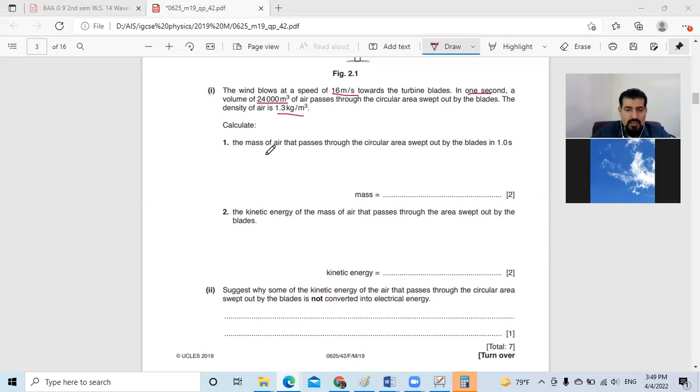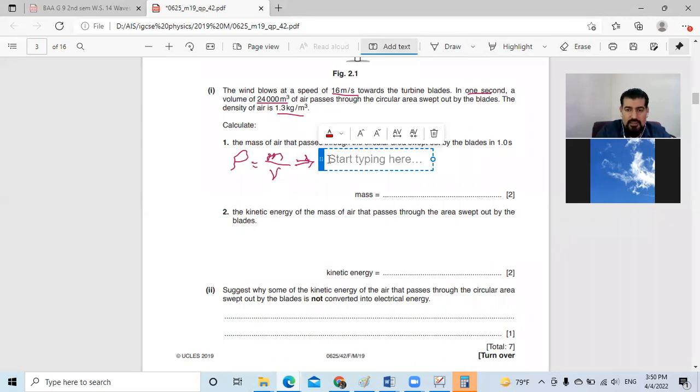Now we know that density equals mass over volume. By making mass the subject of the formula, mass is equal to the density multiplied by volume.